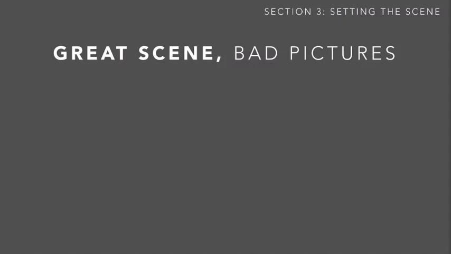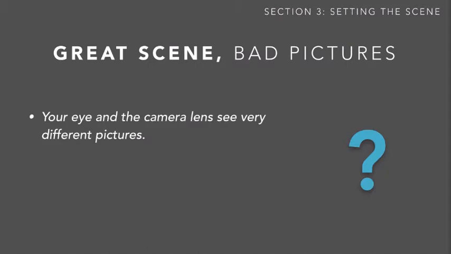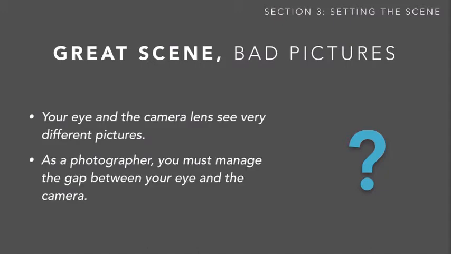Why can you set up a good scene, style your food perfectly, do everything right, and yet you take bad pictures? The reason is because your eye and the camera lens see very different pictures. And your job as a photographer is to manage the gap between what the dynamic human eye and human mind see and what the camera lens sees, which is very simple and very honest.